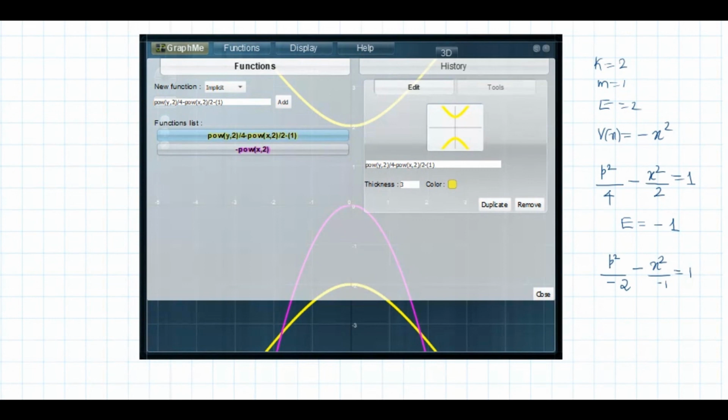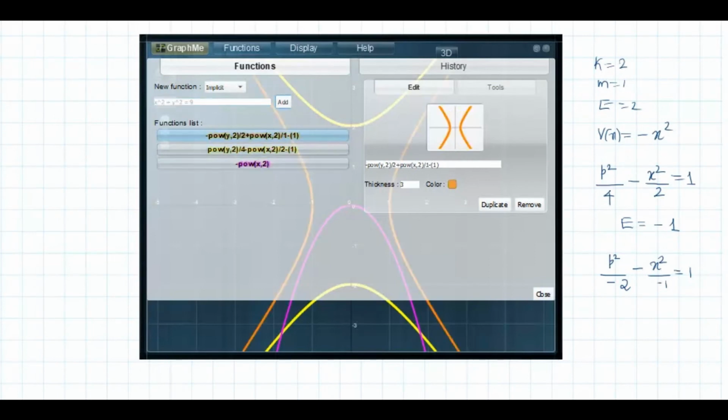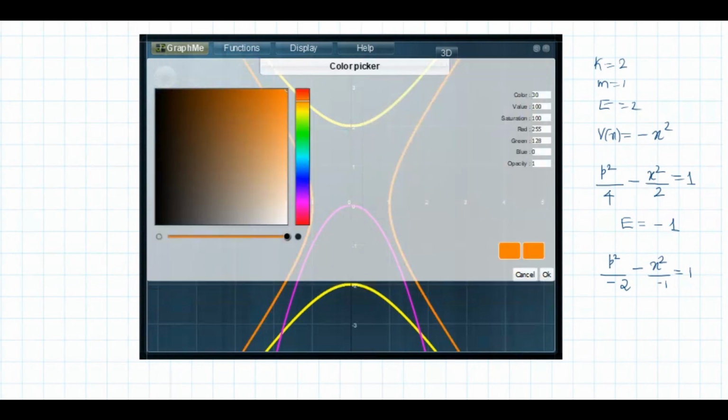So this becomes minus p square divided by 2 plus x square divided by 1. Okay, it will be like this. I'll change the color.